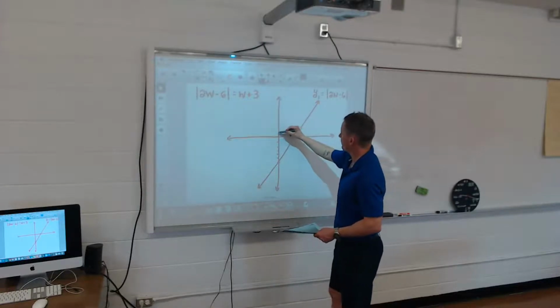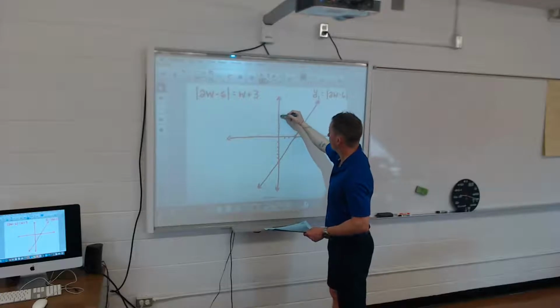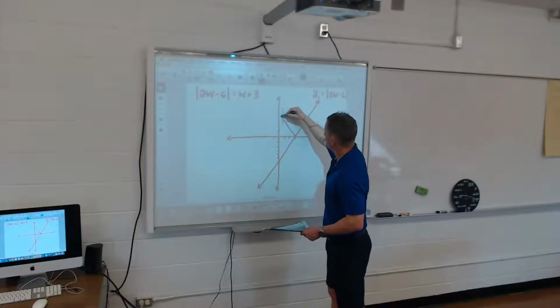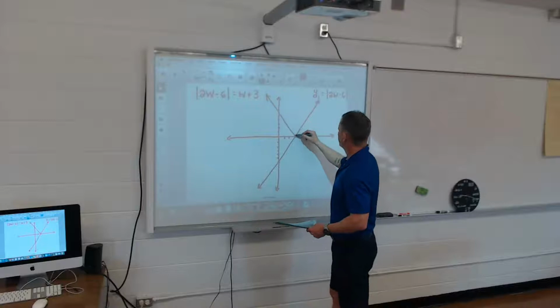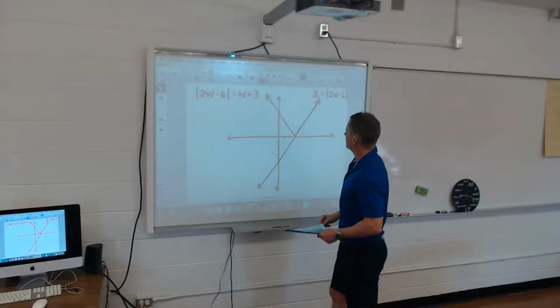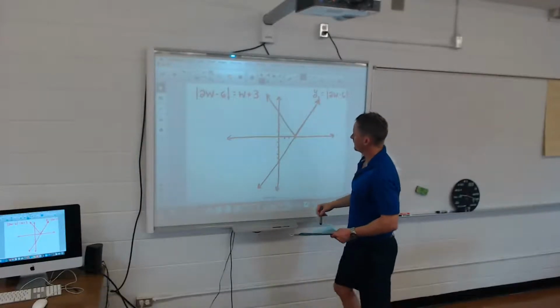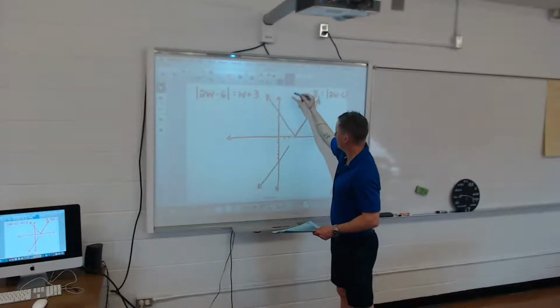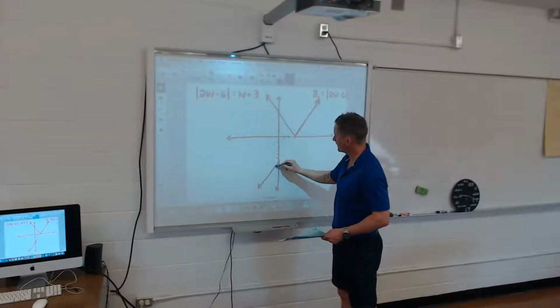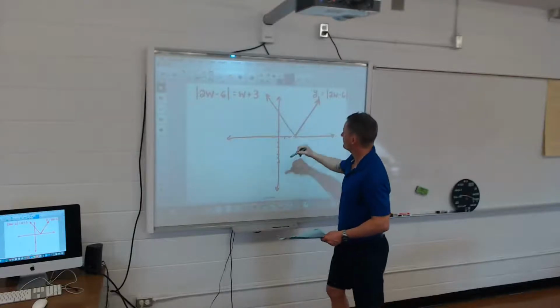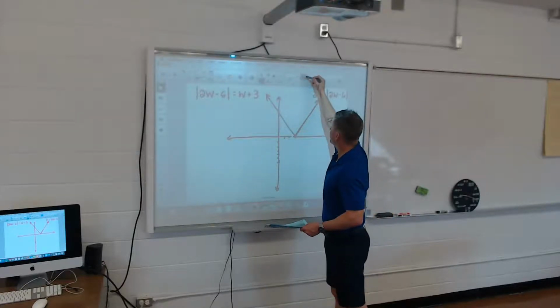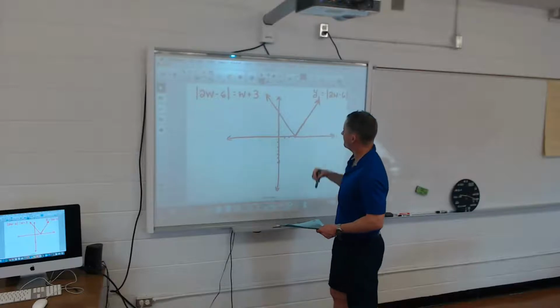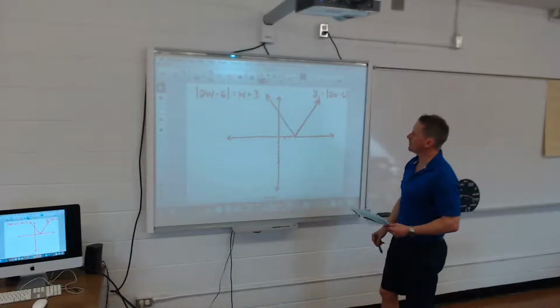And then I go 1, 2, 3, 4, 5, 6 up that way. So there is my absolute value of it. I didn't mean to do a big one, but I'm just going to erase this one just so we don't confuse anybody. So I've got this right here. Okay, so there's the absolute value of that.